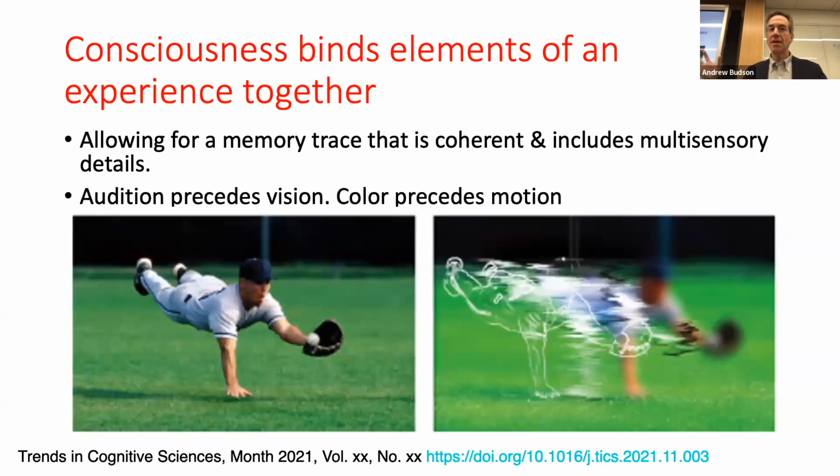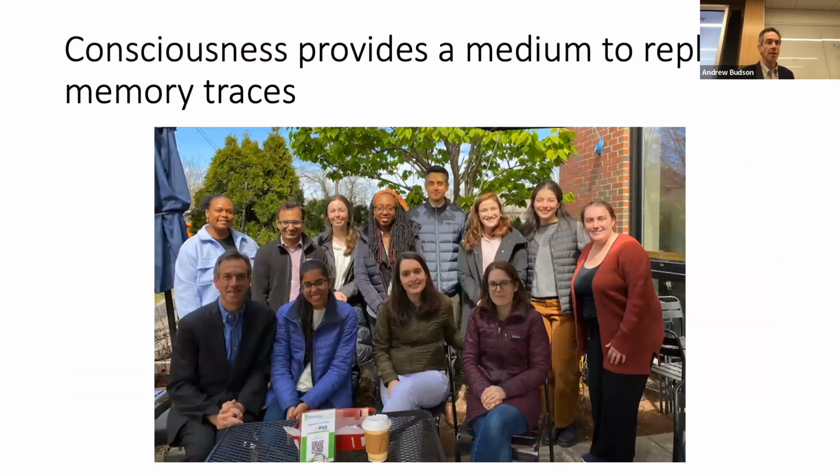It's consciousness that's actually binding the elements of an experience together, because in terms of the actual neural processes, these things are different. Color actually precedes motion in the nervous system. Audition precedes vision, but we perceive it as a bound whole. It provides a medium to replay memory traces.